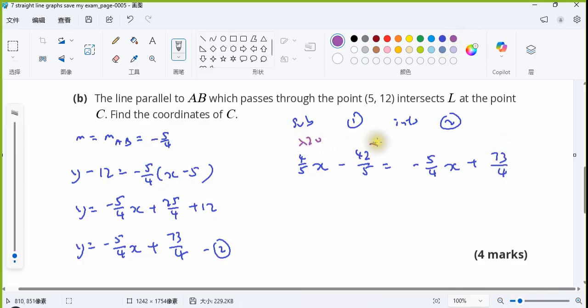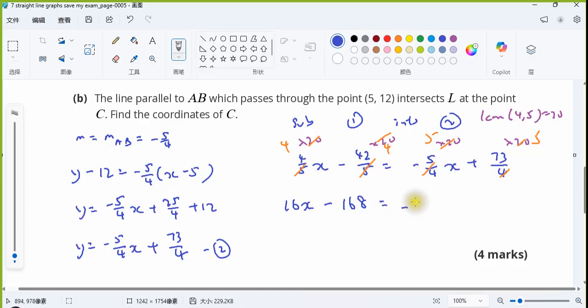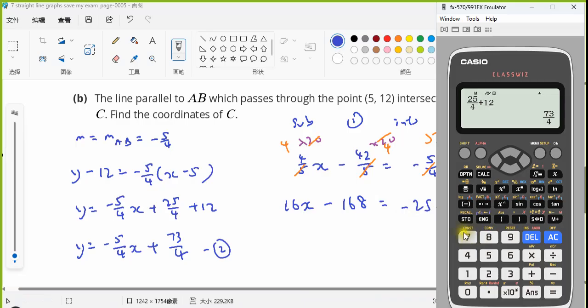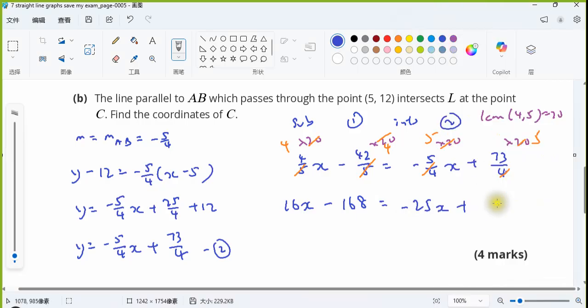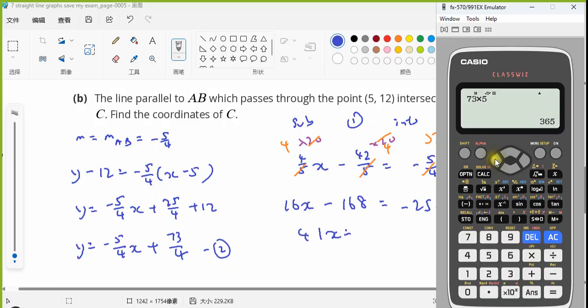So multiply by 20, because the LCM for 4 and 5 is 20. So we have 16x minus 168 equals -25x plus 73 times 5, which is 365. And then we have 41x equals this one plus 42 times 4.